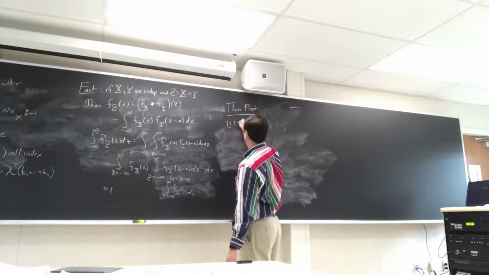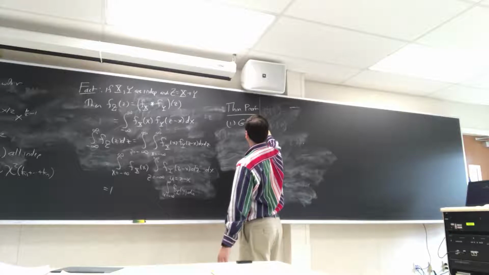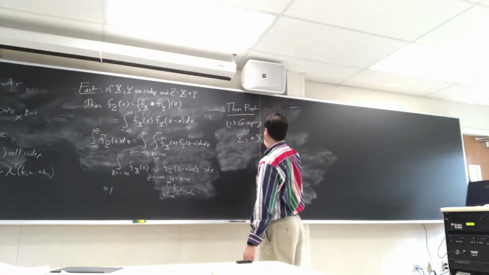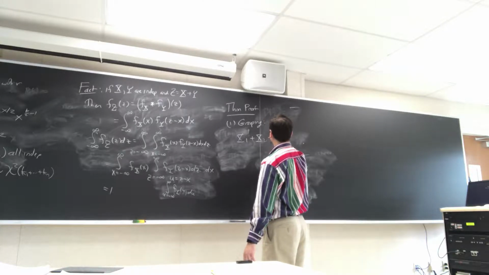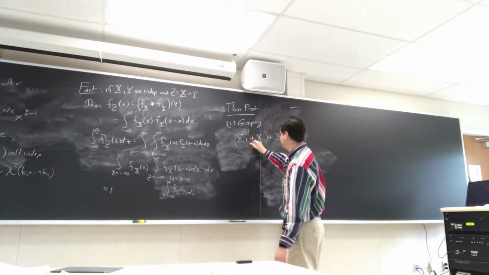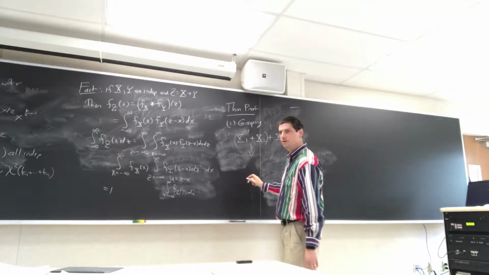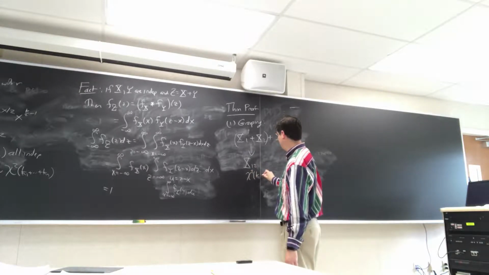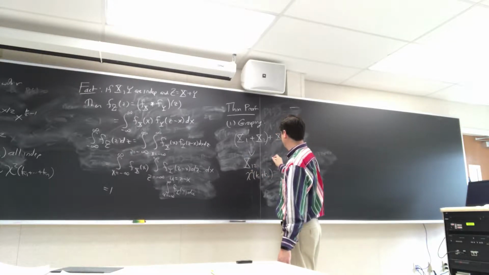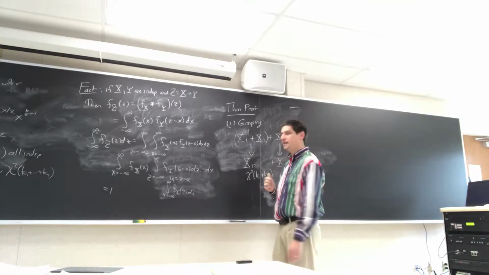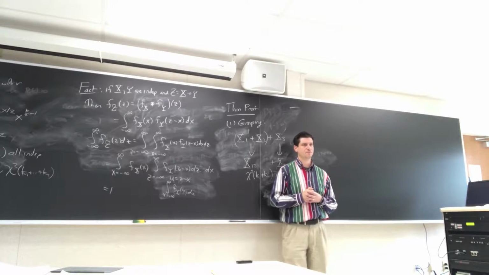So step 1 is grouping. So if you have x1 plus x2 plus x3, you first group this together. And you'll see that this becomes a new variable. Let's call it x12, which is a chi-squared variable with k1 plus k2 degrees of freedom. And then you just bring this one down. And now you're just back in the case of just 2.